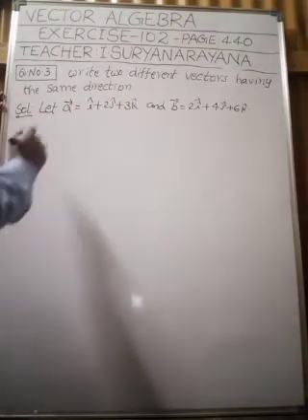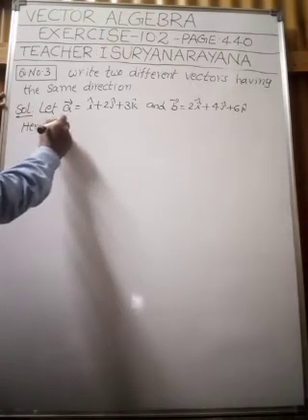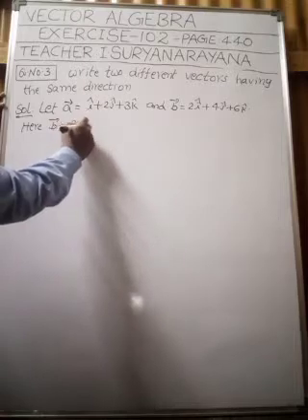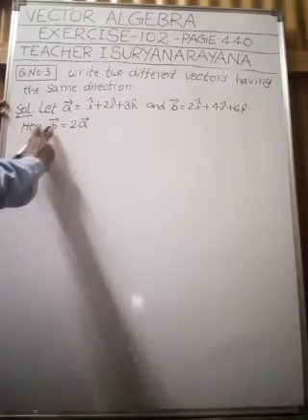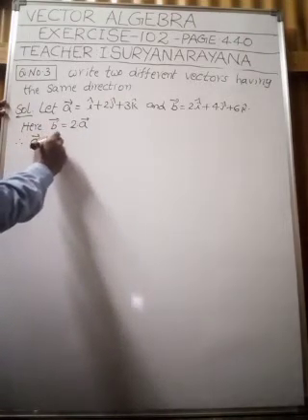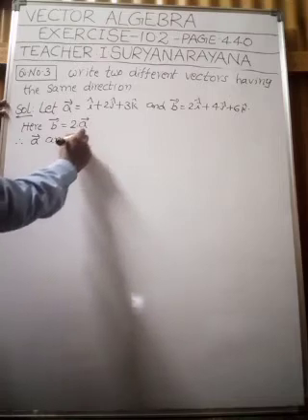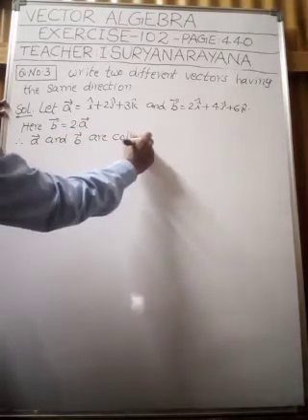Yes or no, my children? Here B bar is equal to 2 into A bar. Yes or no, my children? B bar is equal to 2 into A bar. Therefore, A bar and B bar are collinear vectors.